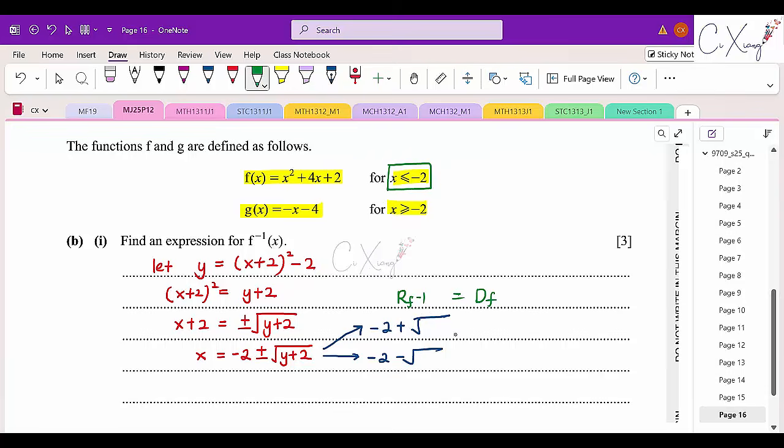Negative 2 plus something will give you something more than that. Then negative 2 minus a number will give you some value that is less than negative 2. Therefore, this is the correct answer. Okay? And after you decide the correct final answer for the inverse function, please rewrite again nicely. And this is what you have.